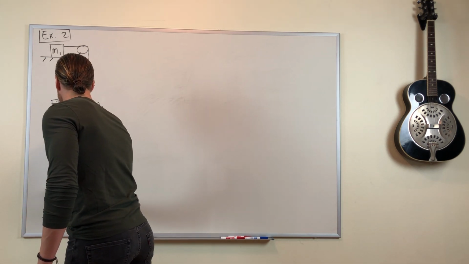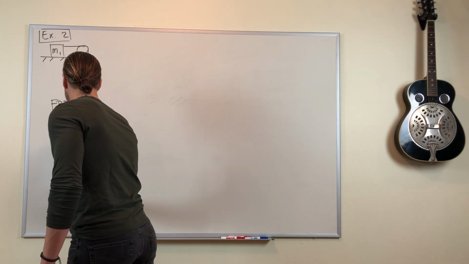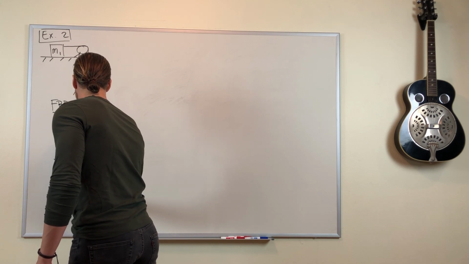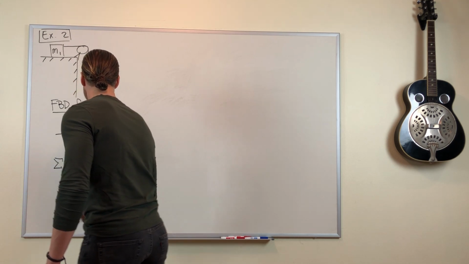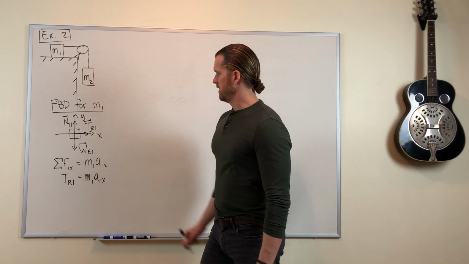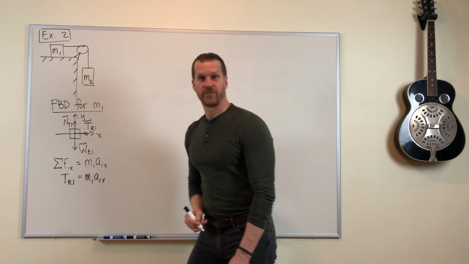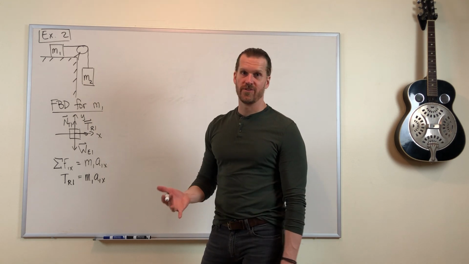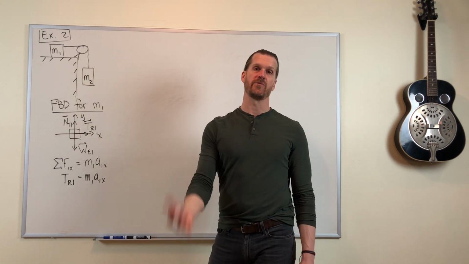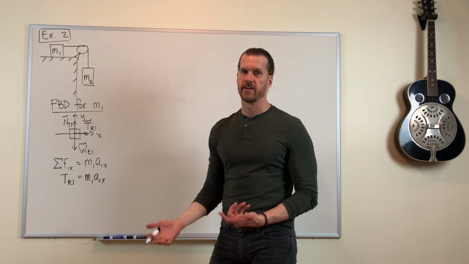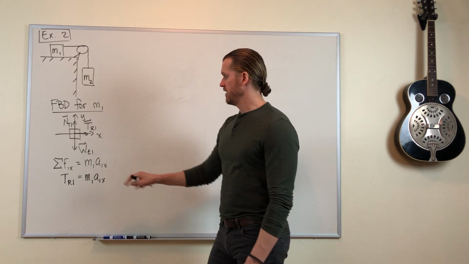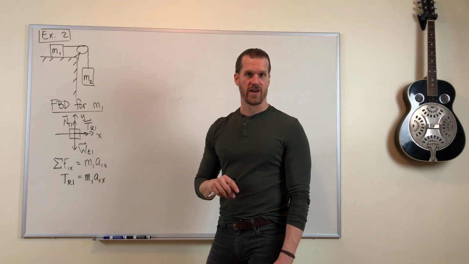It is the tension force of the rope on mass 1. And as usual in these types of problems, we are currently stuck because there are two unknowns in this equation. We don't know the value of the tension force, we don't know the value of the acceleration. So let's leave that be for the time being.